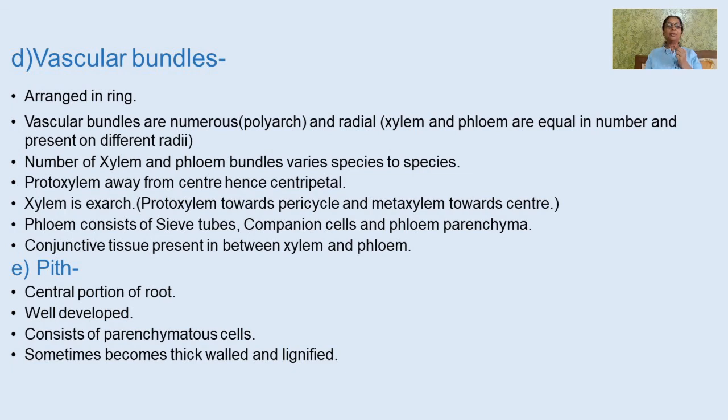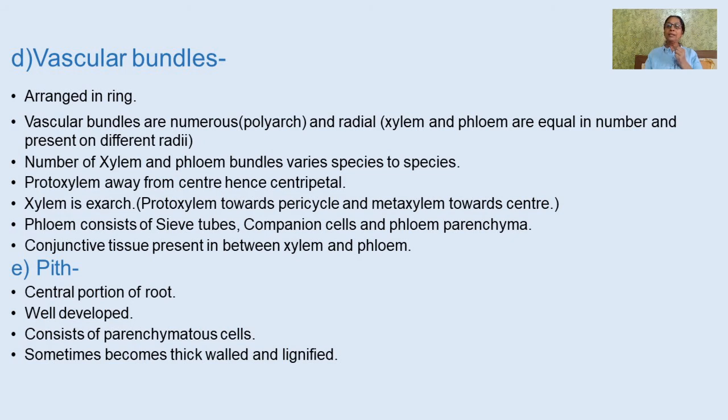The number of xylem and phloem varies from species to species, but if the xylem bundles are 5 in number, the phloem bundles are also 5 in number, and they are present in the conjunctive tissue in an alternate manner, on alternate radii.